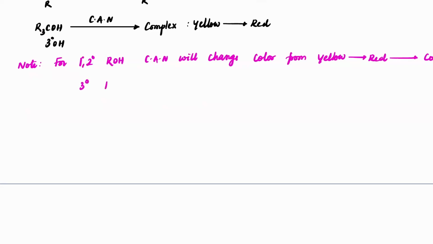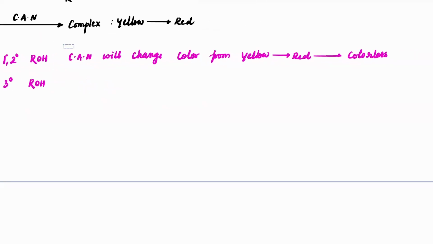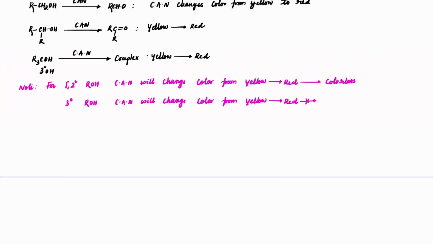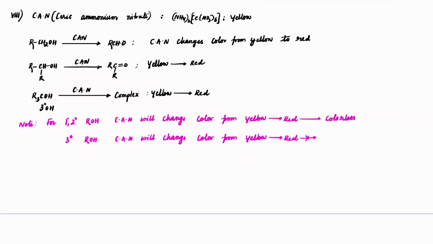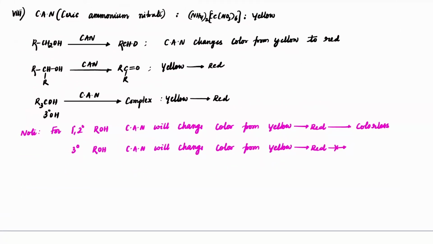For 3-degree alcohols, CAN will change the color from yellow to red, but after it becomes red, it will not change into any other color. It will remain red. So if it remains red, that means it is a 3-degree alcohol, correct? If the question is, is the CAN test given for 1-degree, 2-degree or 3-degree alcohols?